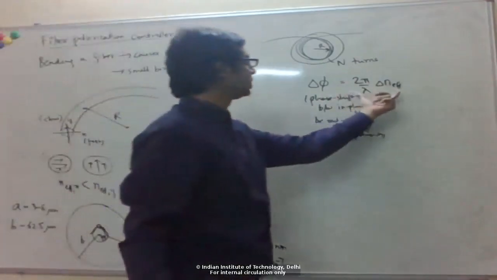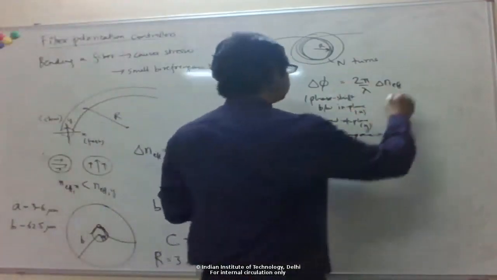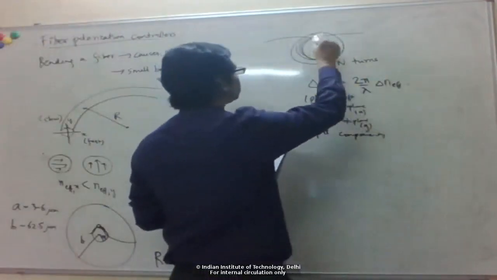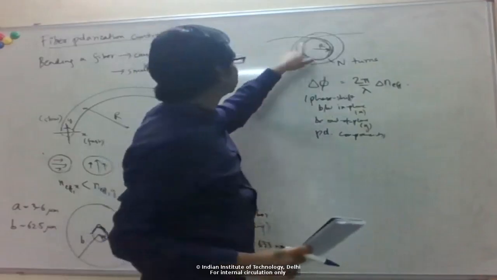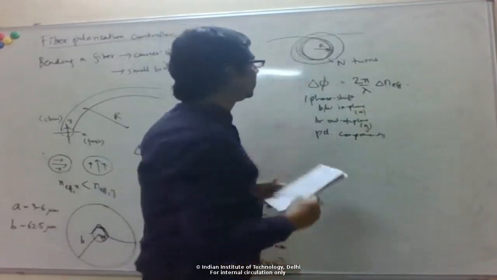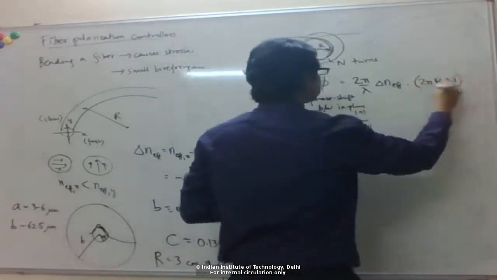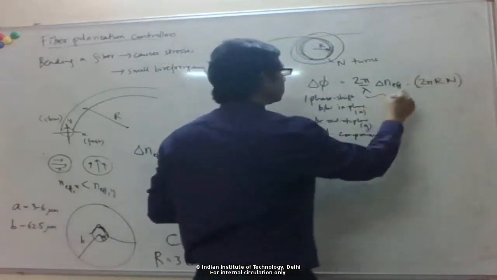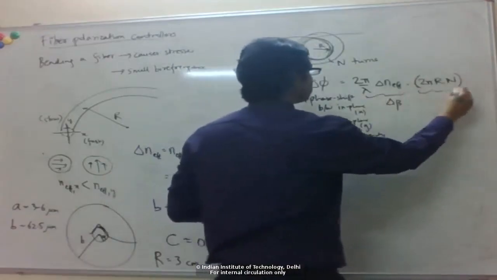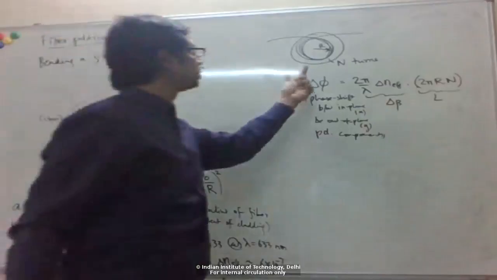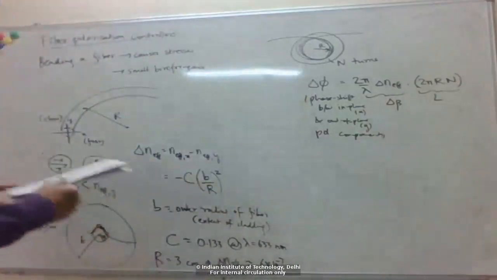That gives me delta beta times the propagation length. The propagation length here is n times the circumference, and the circumference is 2 pi r, so that's the total length. So this is delta beta times L, the phase difference between these two polarization components.